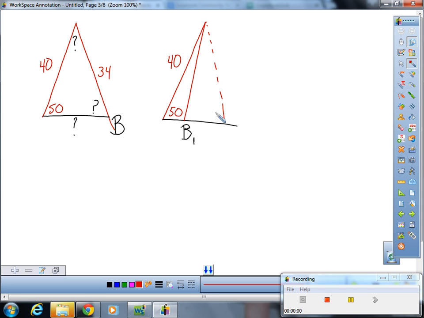We just found that this is 66 degrees. So what's this one? So then how do we find B2, which is right here? That's right. It's the supplement of B. So this B1 is the supplement of the B we found.